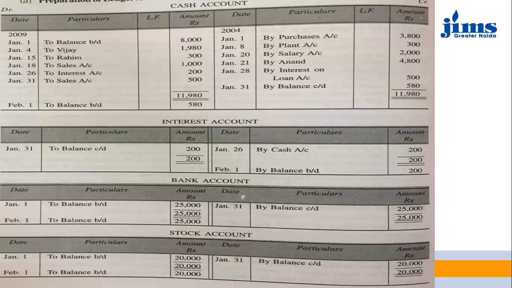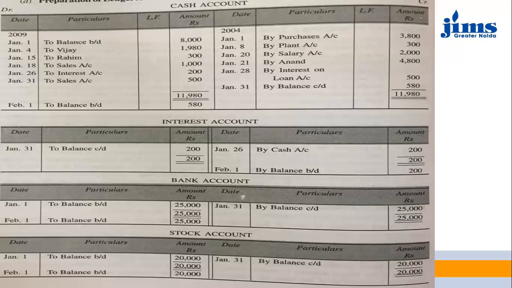So you are carrying forward this 580 rupees for your next time period. So this carried down simply means that you will be forwarding this 580 rupees to the next time period, right?